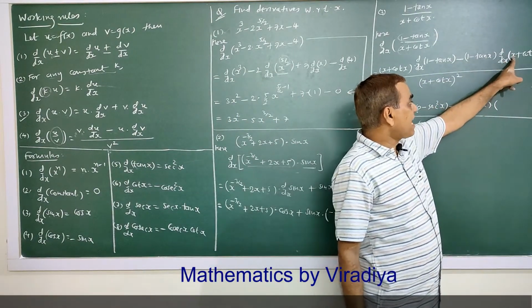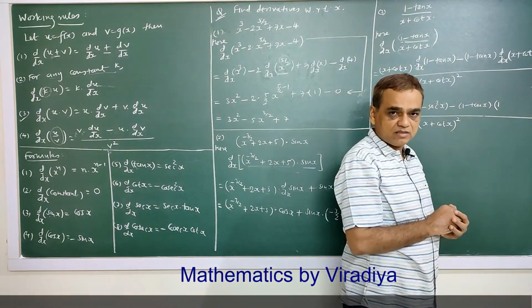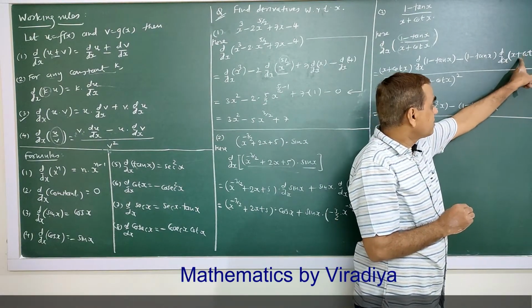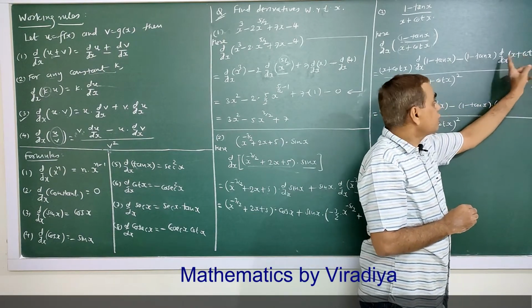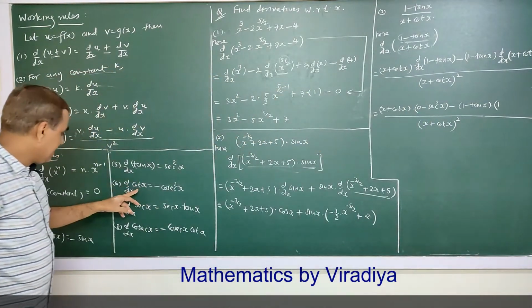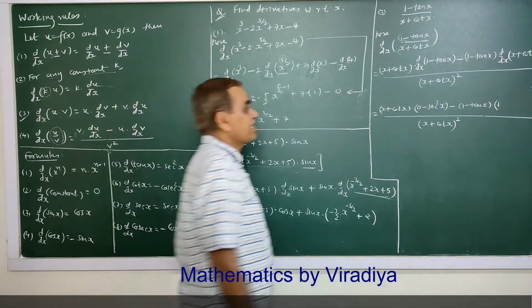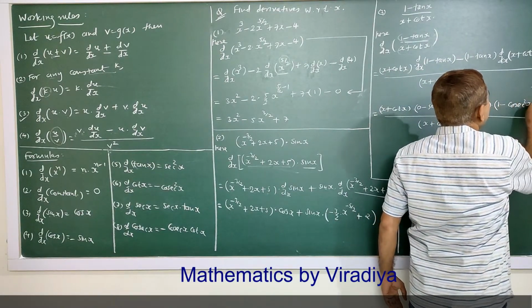Now derivative of x is 1, then plus derivative of cot x, which is minus cosec square x.